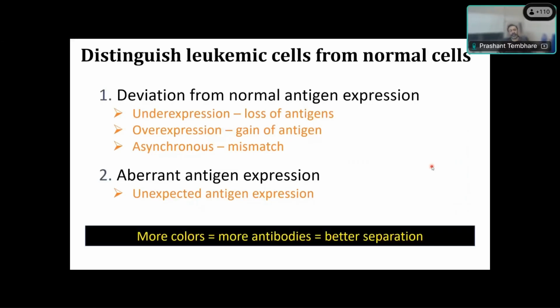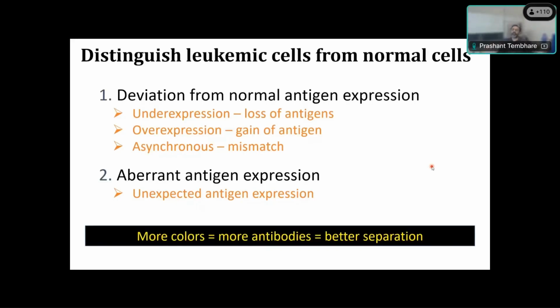Because a tumor cell can have certain markers similar to normal, and only a few markers can be overexpressed or underexpressed or asynchronously expressed. The same way with aberrant antigen expression: in some tumors you can have one antigen aberrantly expressed, in some other tumor you may not; you may have another aberrant antigen expression. So you have to study which are the common antigens or proteins which show this deviation or aberrant expression, and then add those to your assay so that you can study all these markers simultaneously.